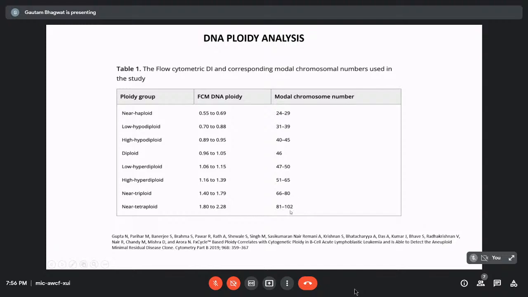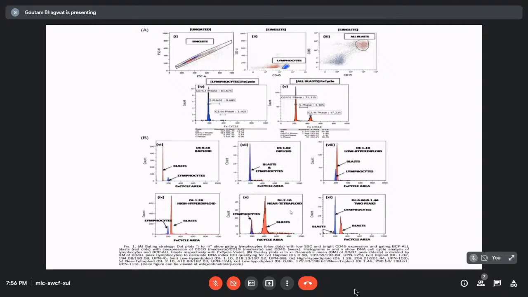And how do I do this on a flow cytometer? I'll come back to this slide. In this graph we can see the blasts and lymphocytes are almost at the same intensity. So if we divide, we'll get a value around 1, and according to the table it is diploid.